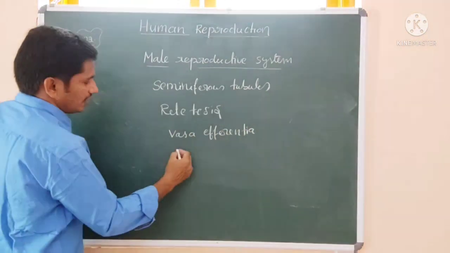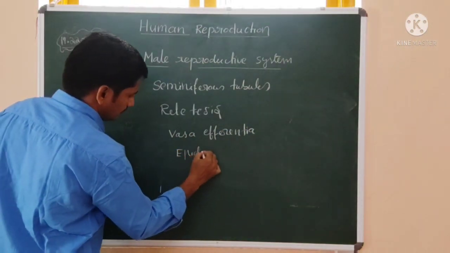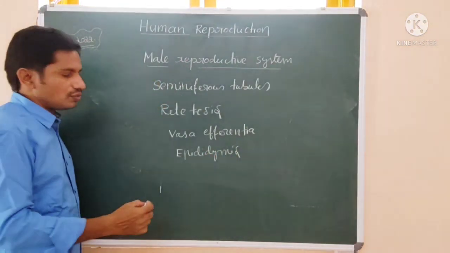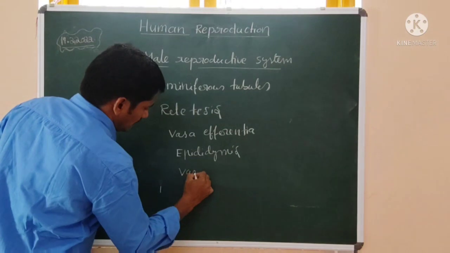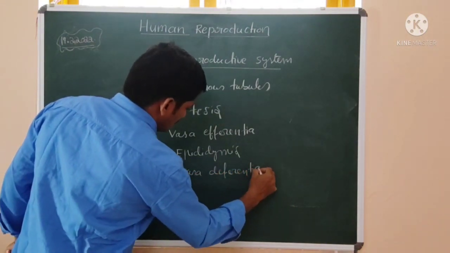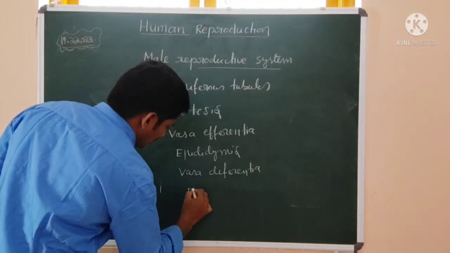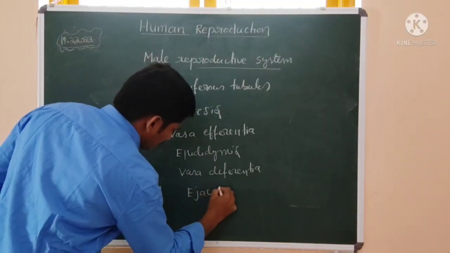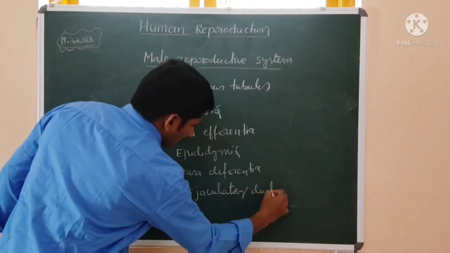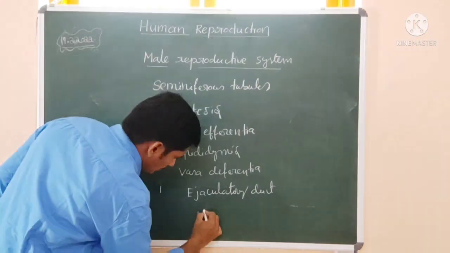Vasa efferentia open into the epididymis. The epididymis opens into the vasa deferentia. Then the vasa deferentia open into the ejaculatory duct, then the urethra.